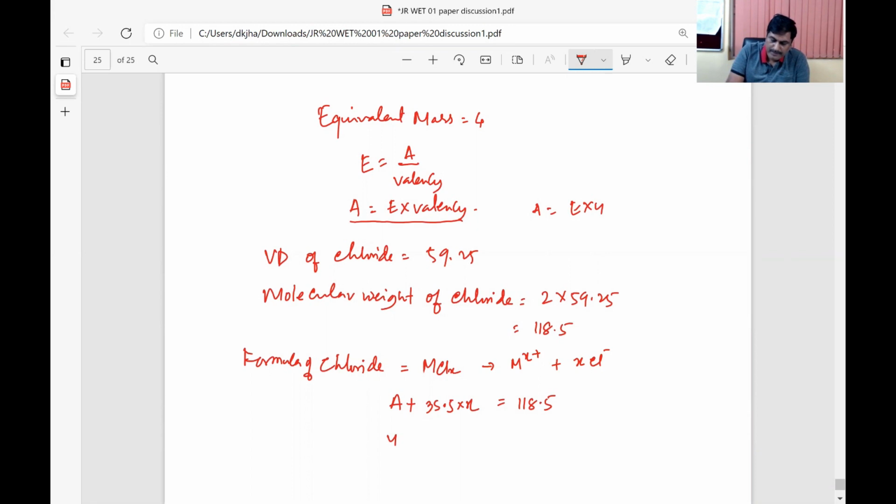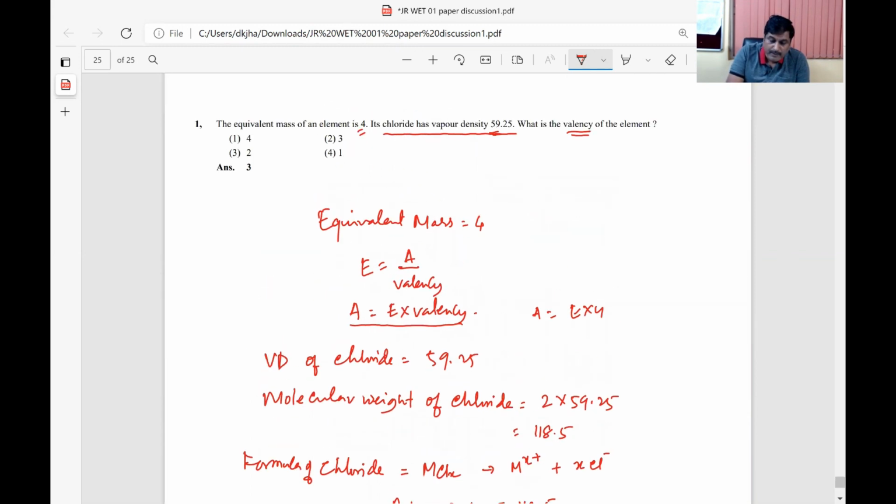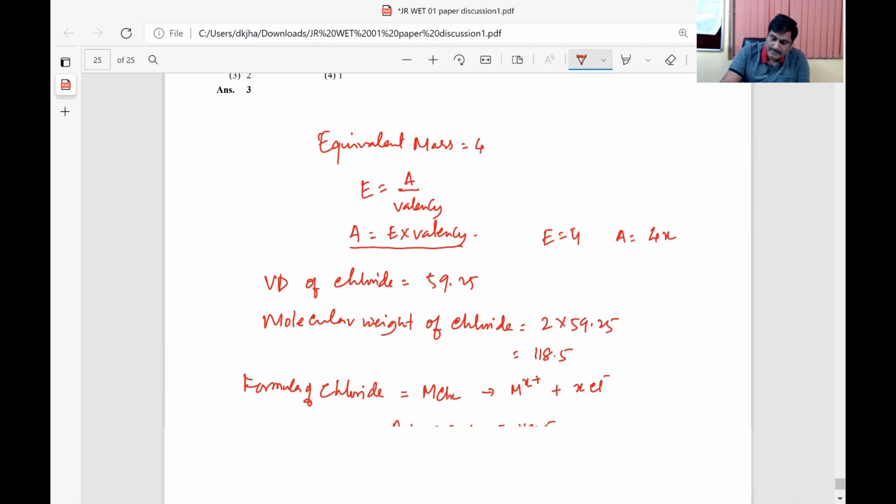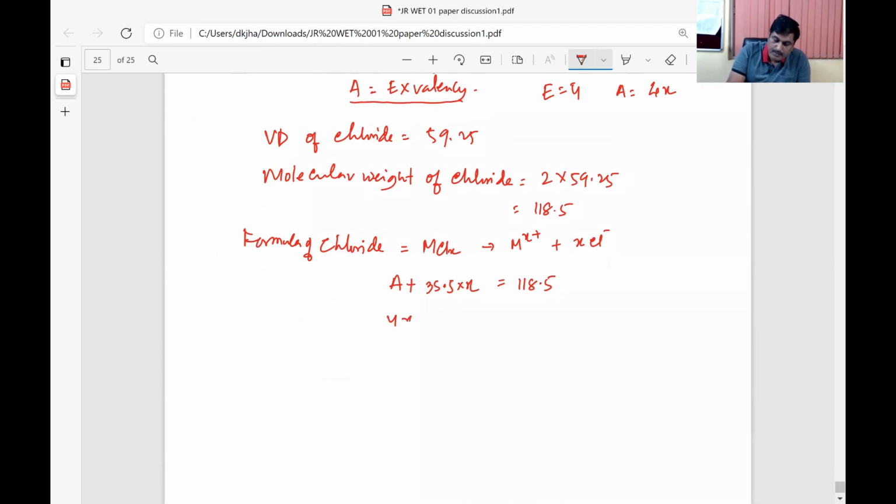So what is the valency of M? Already we have assumed that the valency is x. So atomic weight is equal to E into valency, equivalent weight given 4. So the atomic weight is equal to 4x.